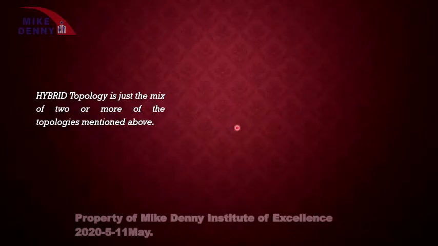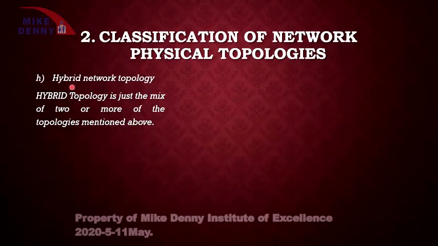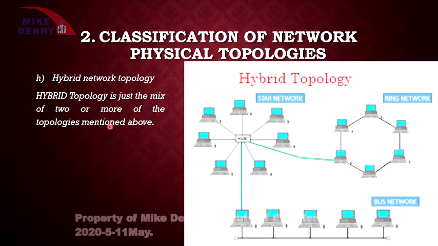And we have another one that is very interesting, the hybrid network topology. This is just a mix of two or more of the topologies mentioned above. For example, you have this one. You have a star network here.